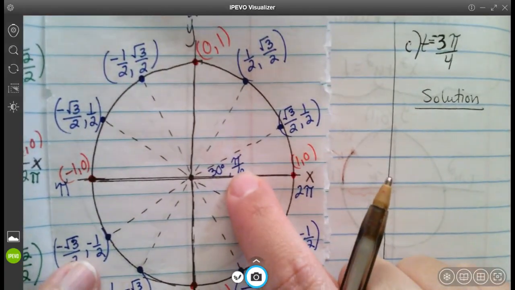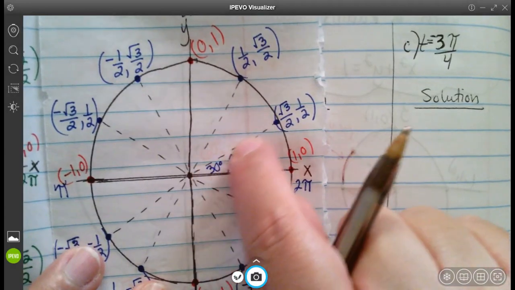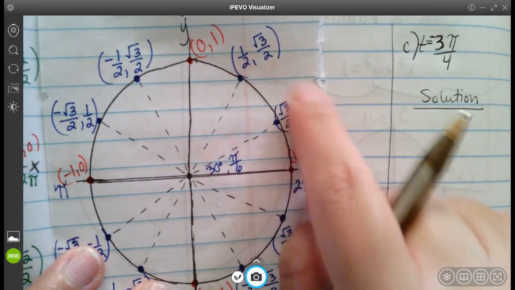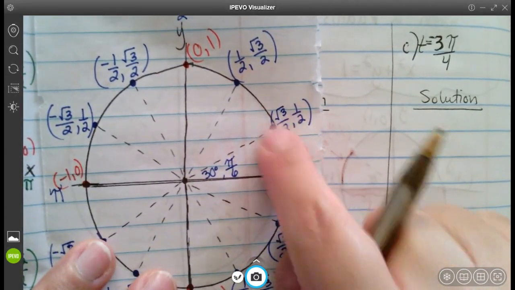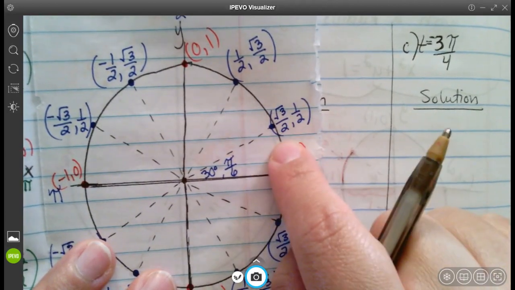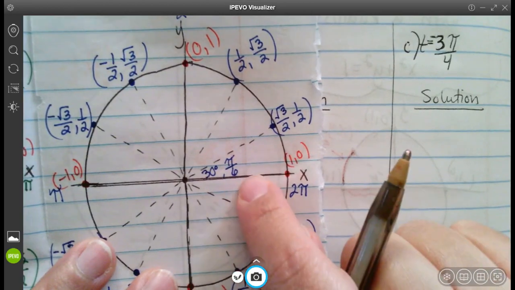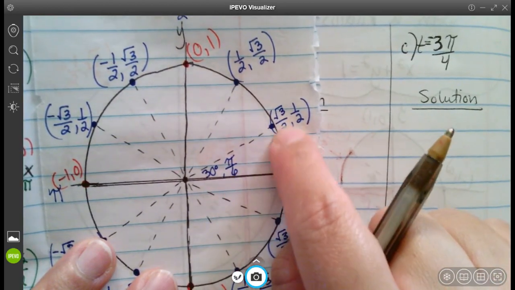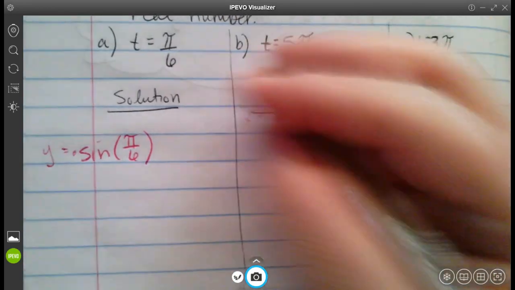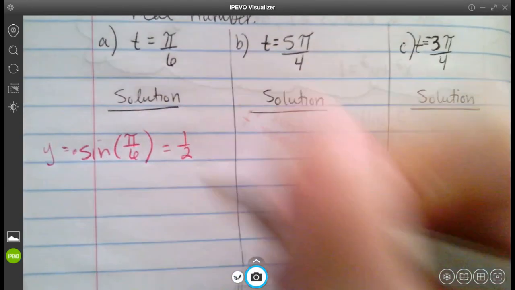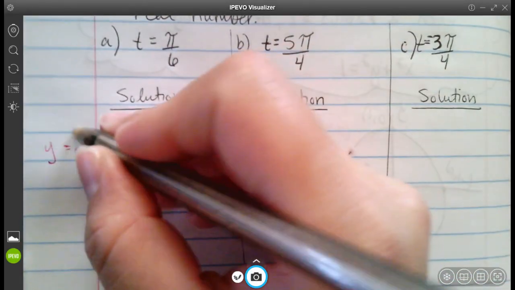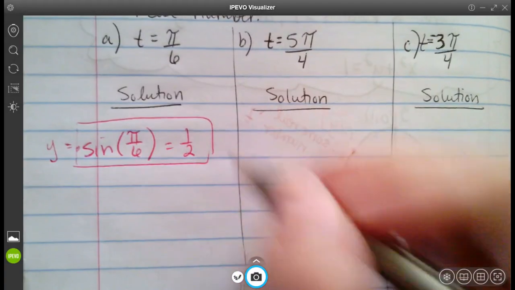So here's pi over 6, and I'm looking at this angle right here. These are the ordered pairs that go with it. I'll show you how to find these later on, not just yet. There is a real reason why these equal what they are. But we're looking at the y value here. So the y value is 1 over 2, so it equals 1/2. And we're done with that one.